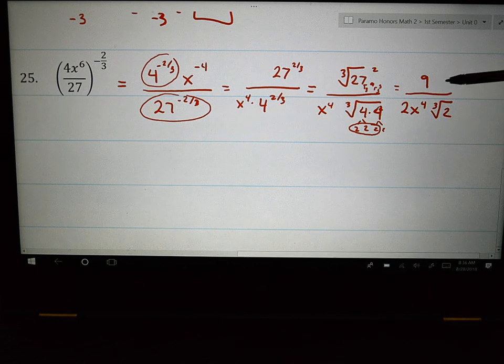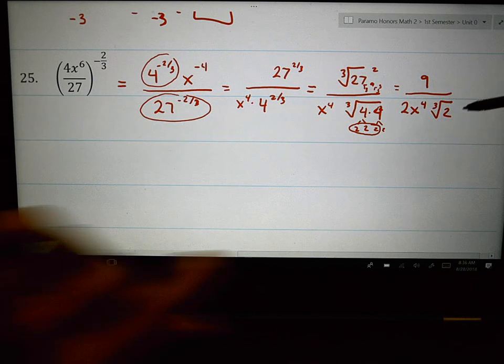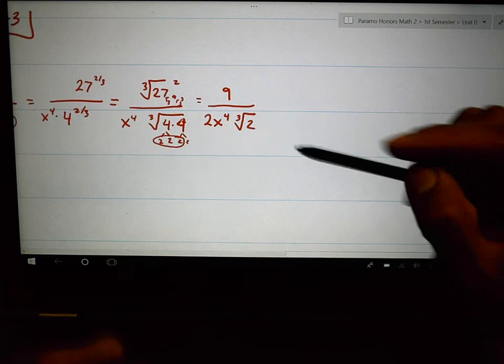The only problem with this answer is there is a radical in the denominator. And in a previous section, we told you never leave radicals in the denominator. You have to rationalize. So if you were to rationalize this, you're going to need to multiply by something. What would I multiply by?